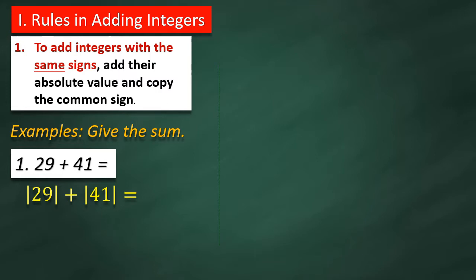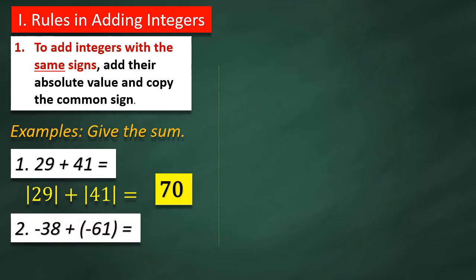Then we add their absolute values. It is equal to 70. Lastly, we copy the common sign. Their common sign is a positive. Hence, we do not need to write the sign anymore. Our final answer is 70.